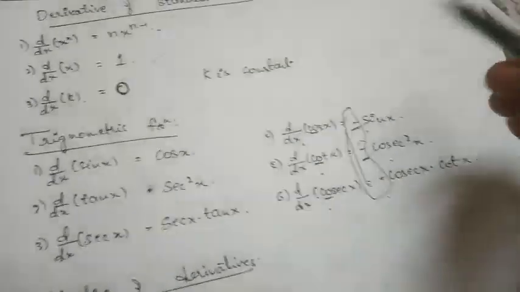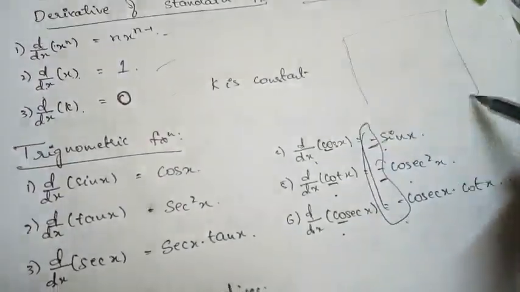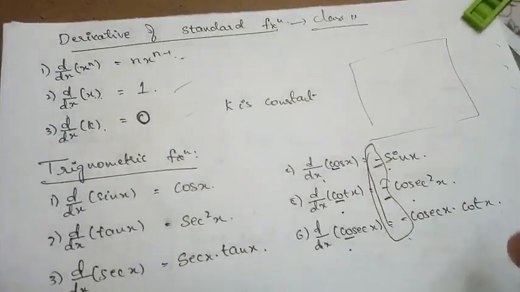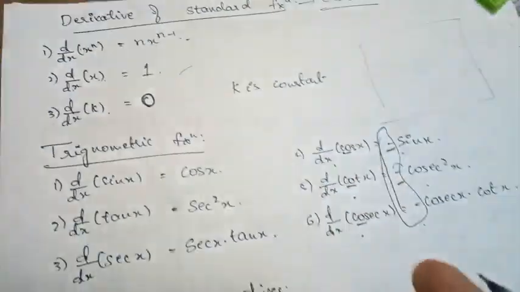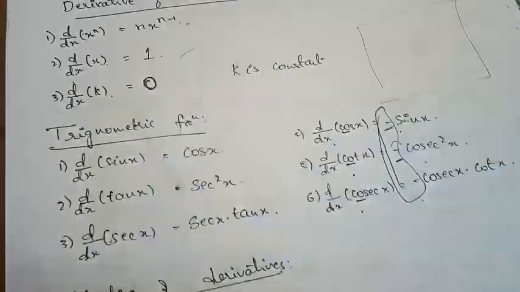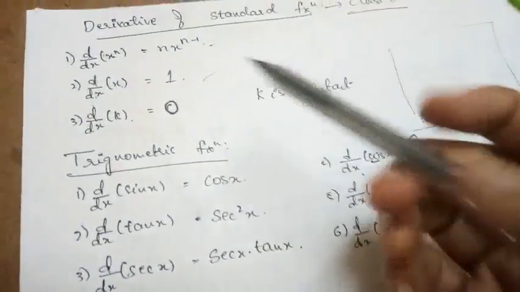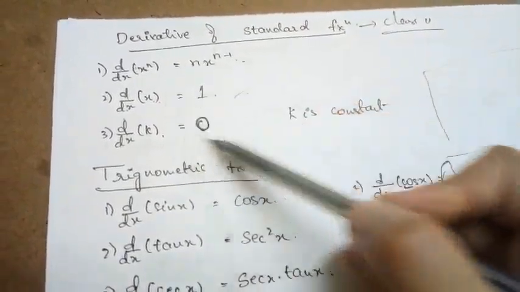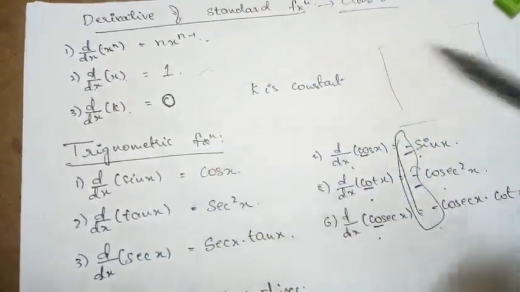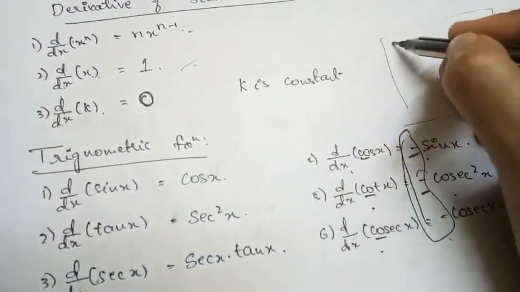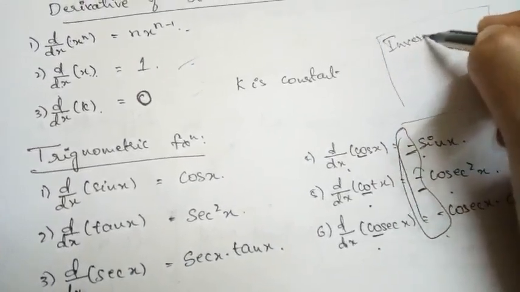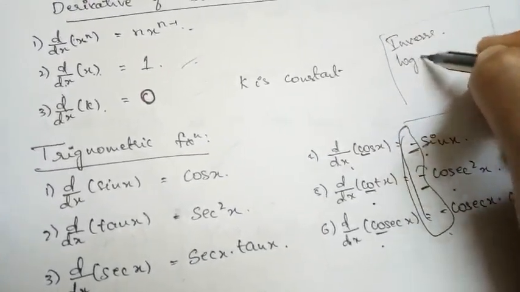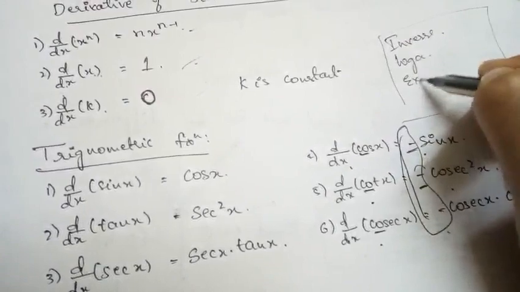So remember, guys, make a chart in front of your table and write all the derivatives you come across. At present we know some basic derivatives and trigonometric functions. Later you will come across the derivatives of inverse trigonometric functions, logarithmic functions, and exponential functions.